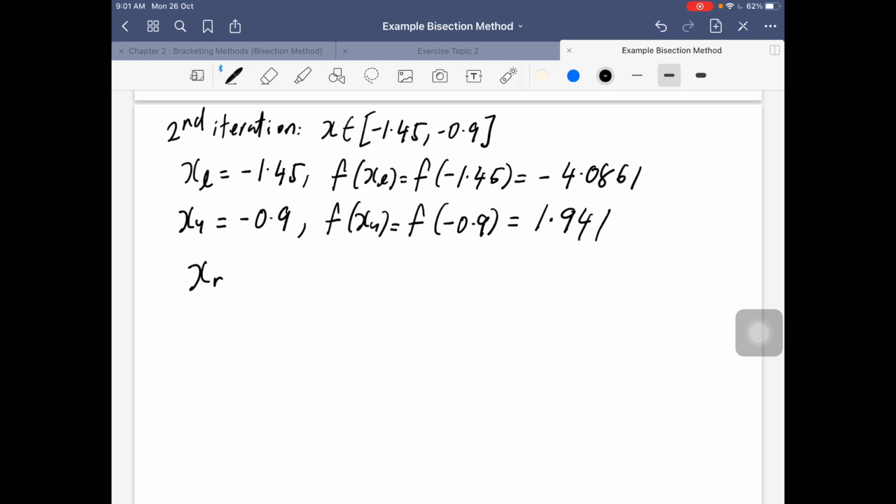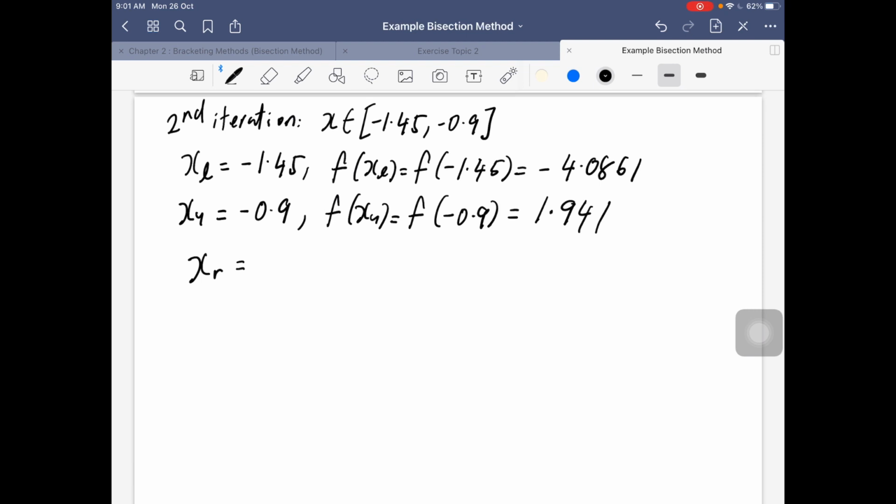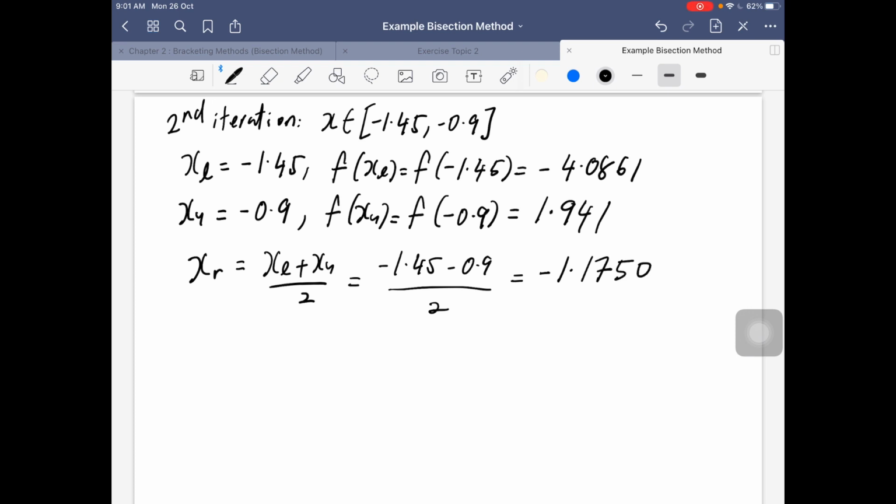Now we calculate our second root estimate. We improve the accuracy of our root estimation by using the formula again, XL plus XU divided by 2. So we should get negative 1.45 minus 0.9 divided by 2. So now our new root estimation is negative 1.1750.